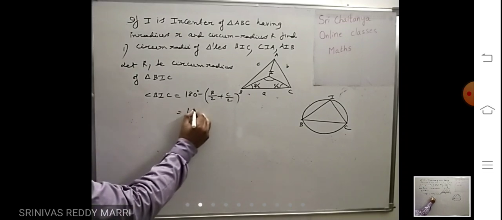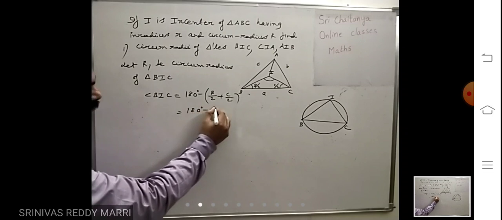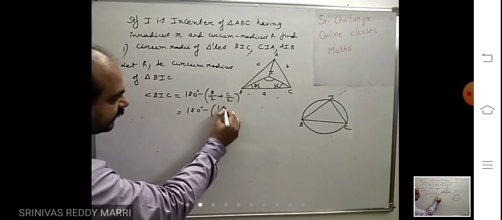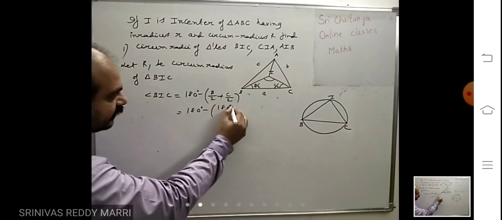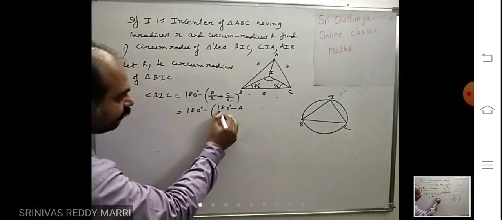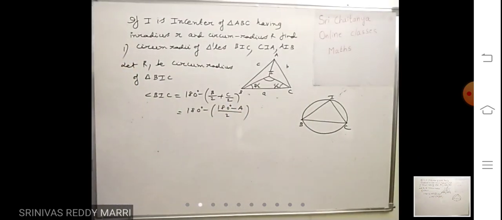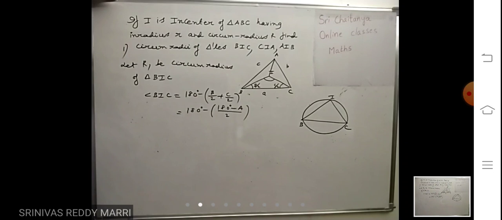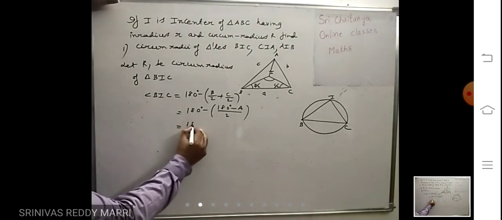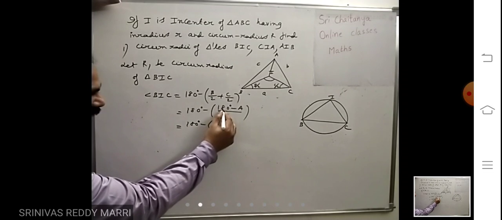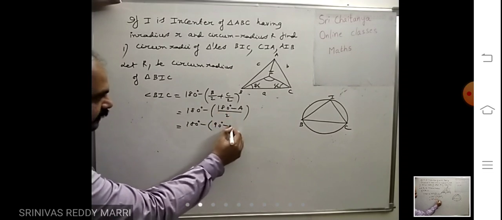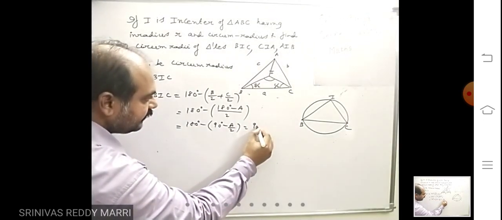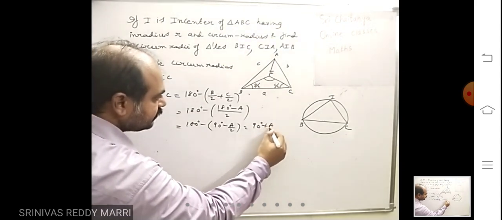That means 180 minus of B plus C by 2. B plus C in this triangle is 180 minus A. So 180 degrees minus (90 degrees minus A by 2), that means 180 minus 90 degrees plus A by 2.